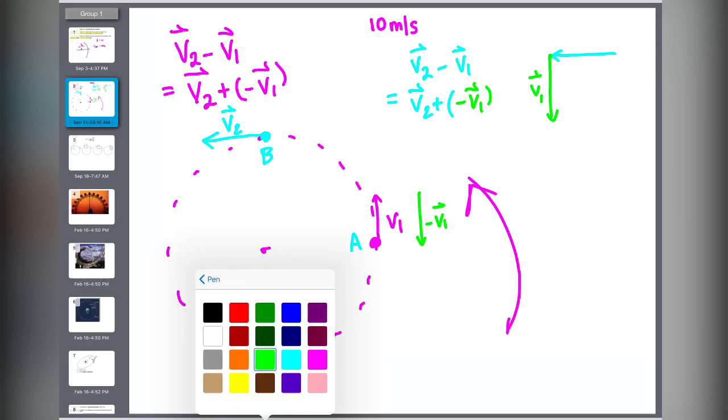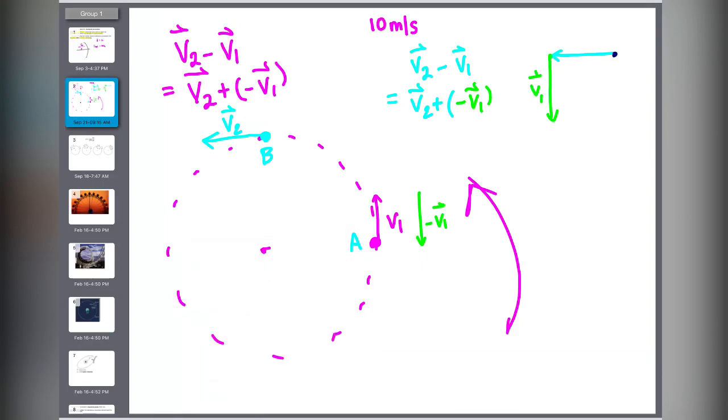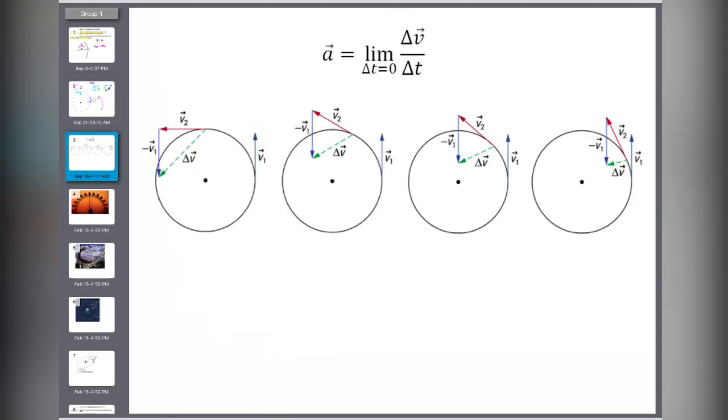If I ask you what the change in velocity is, the change in velocity is basically from the starting point to the ending point. So the change in velocity between points A and B points kind of that way. See how it's already slightly towards the center of the circle. You don't have to draw this picture, they're just trying to explain it.